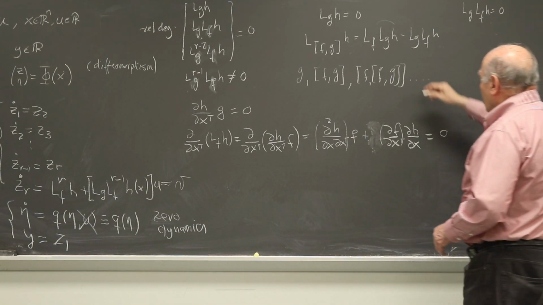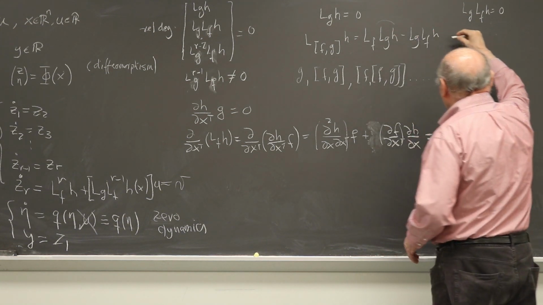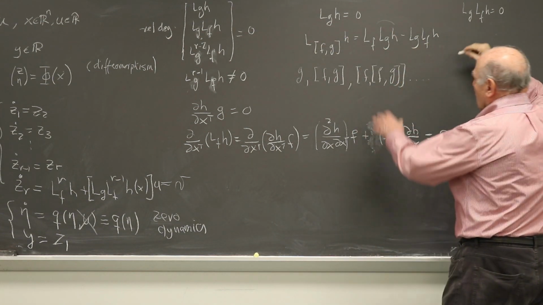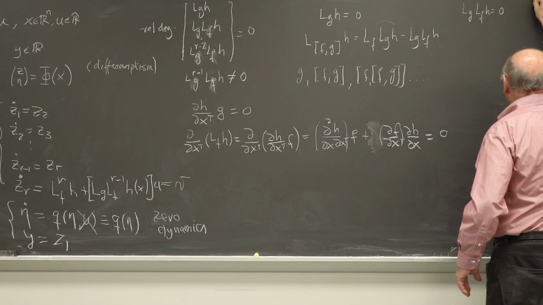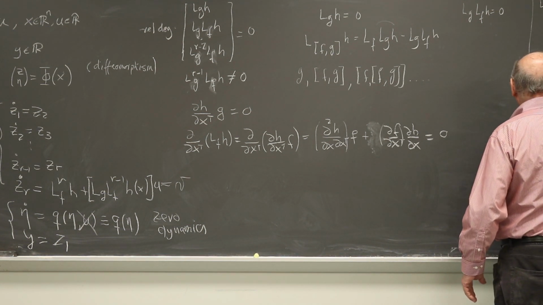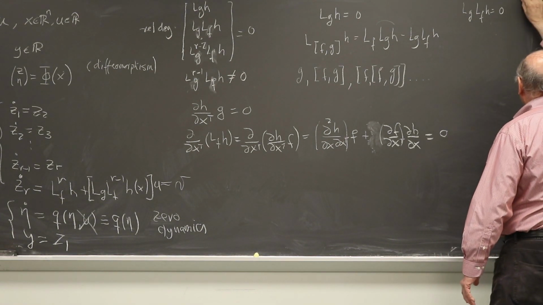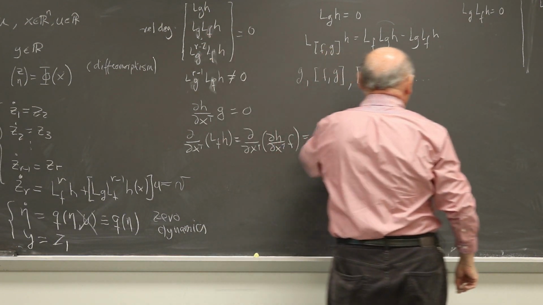For instance, if this is 0, and we have found out that the second condition gives that this is 0, then this has to be 0. So we start replacing those conditions by LGH equals 0. That's fine. And the second condition will be LGLF of H equals 0.